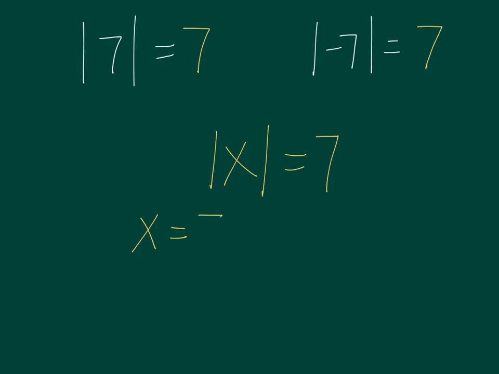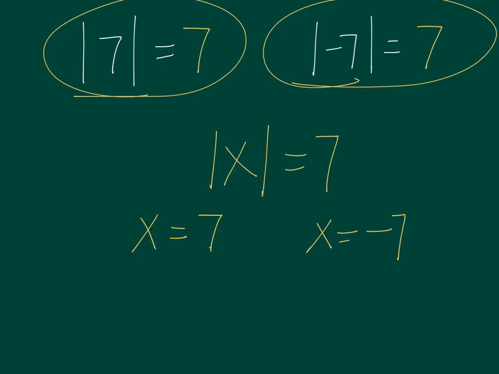It might have been just regular 7, like it was up here, or there's a possibility that the x could have been a negative 7, like it was right here. But notice here that the x no longer has the absolute value on it, which means you're setting up possibilities of what just the x itself would have been without the absolute value on it.